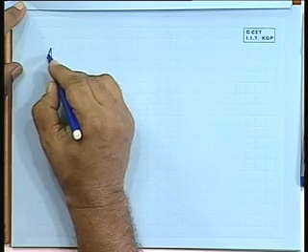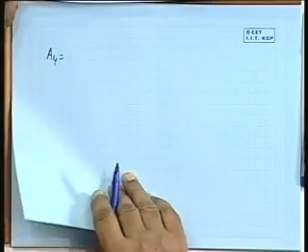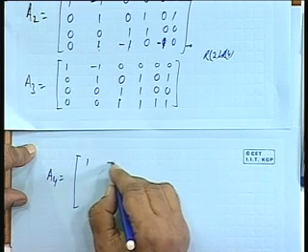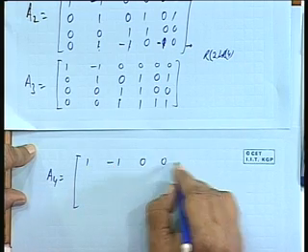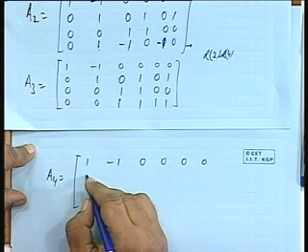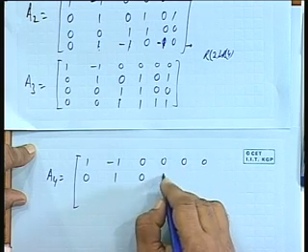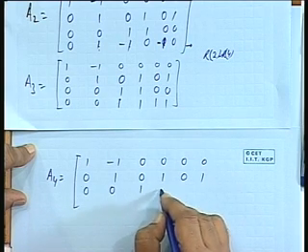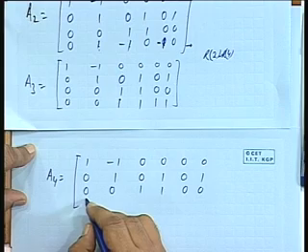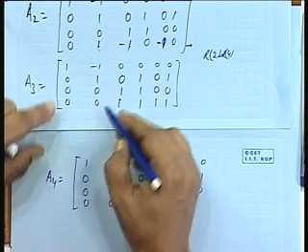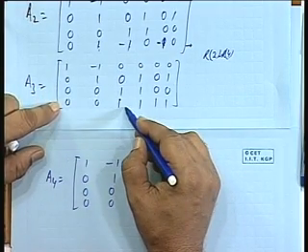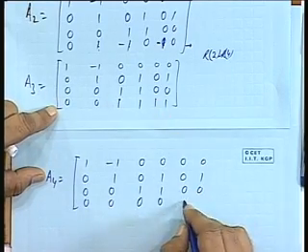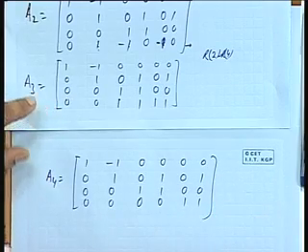A4 will be 1 minus 1 0 0 0 0, 0 1 0 1 0 1, then 0 0 1 1 0 0, and then 0 0, I am subtracting this from this, so 0 0, then 1 1, is that all right?